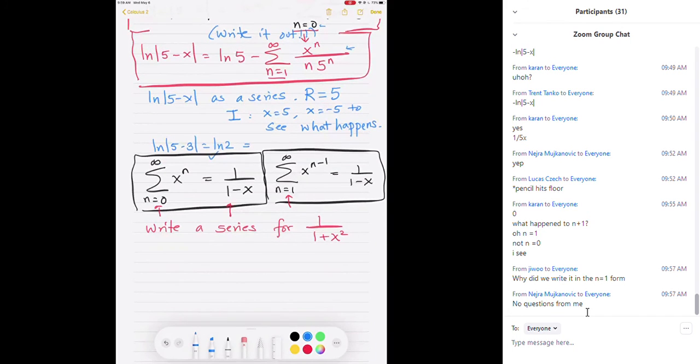So I'm just going to say, let's first replace this x by negative x. So if I do that, I'm going to replace on both sides. So this is the sum of negative x to the n, n equals 0 to infinity. And I get 1 over 1 minus negative x, which is 1 over 1 plus x. Agreed?